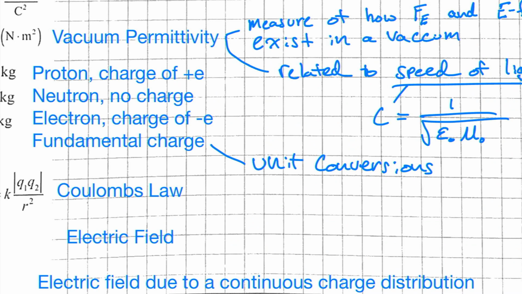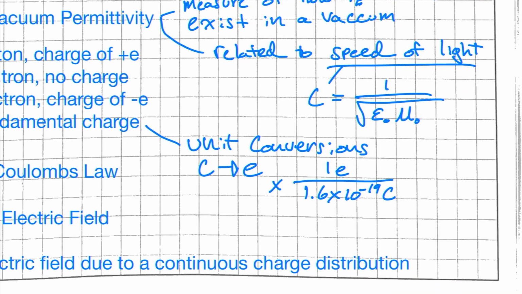If you want to go from coulombs into elementary charges, you would multiply by 1 e for every 1.6 times 10 to the negative 19th coulombs.